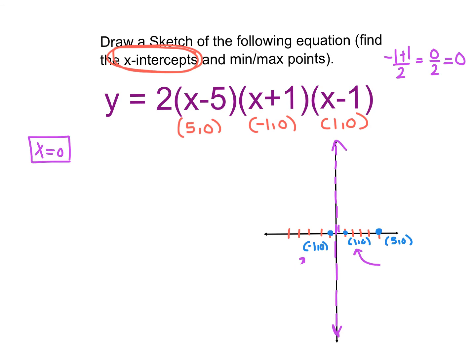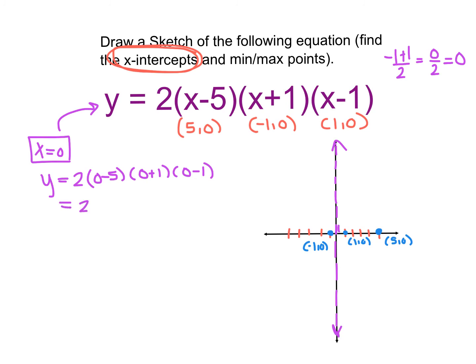So I can label that there, and then I know that x is equal to 0 is a key point. So I need to calculate what that key point is going to be. I take my x value here and I substitute it into my equation. My equation is going to help me determine whether I have a local minimum or a local maximum. So we have y is equal to 2, and then I have 0 minus 5, 0 plus 1, and 0 minus 1.